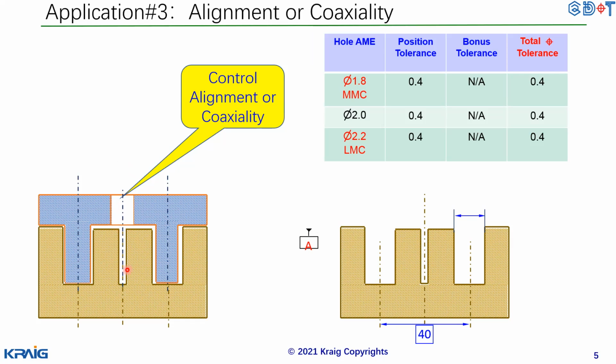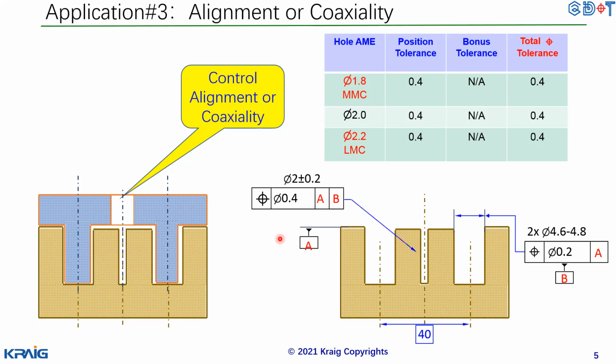In that situation, we don't want to increase the position, because if you increase the position of this hole, then the coaxiality will be worse, or there's more misalignment. So in that situation, we shouldn't use any modifier here.